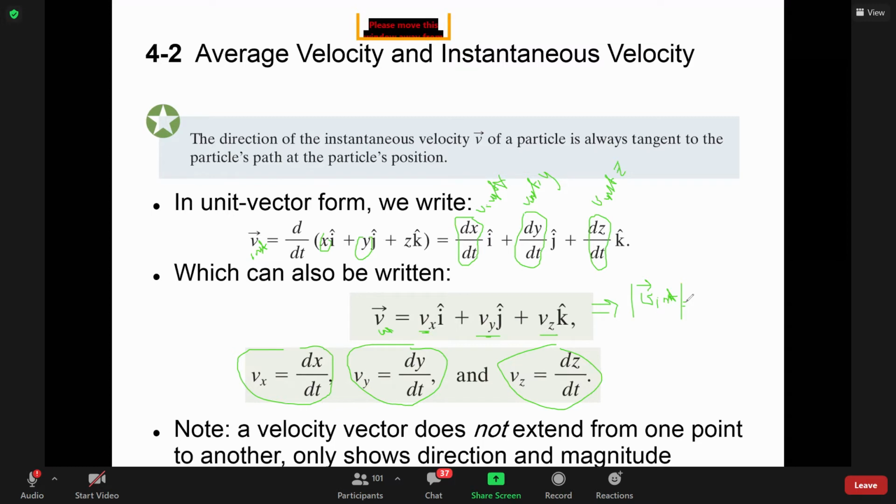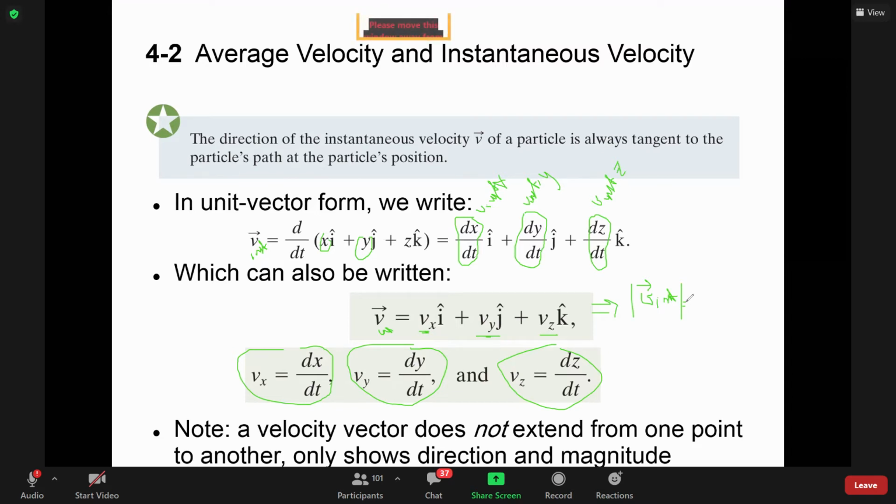But if you have instantaneous velocity and you take the magnitude, you immediately get instantaneous speed correctly, like chapter 2. Please distinguish between the two things: average velocity and average speed are not related. They're not cousins.